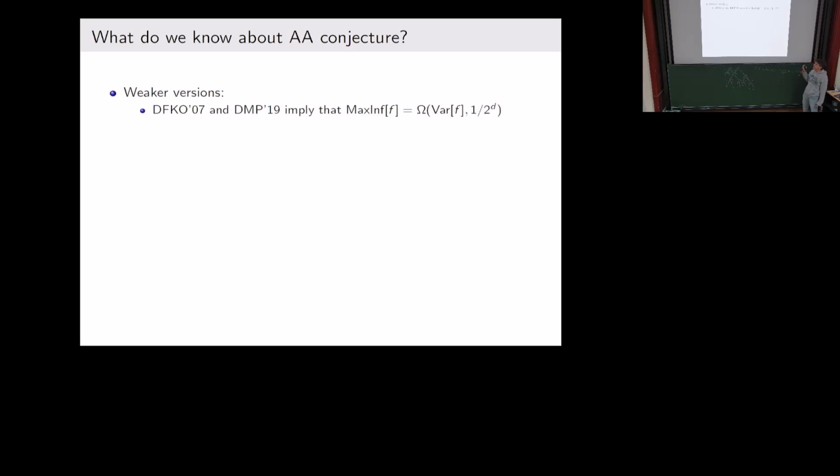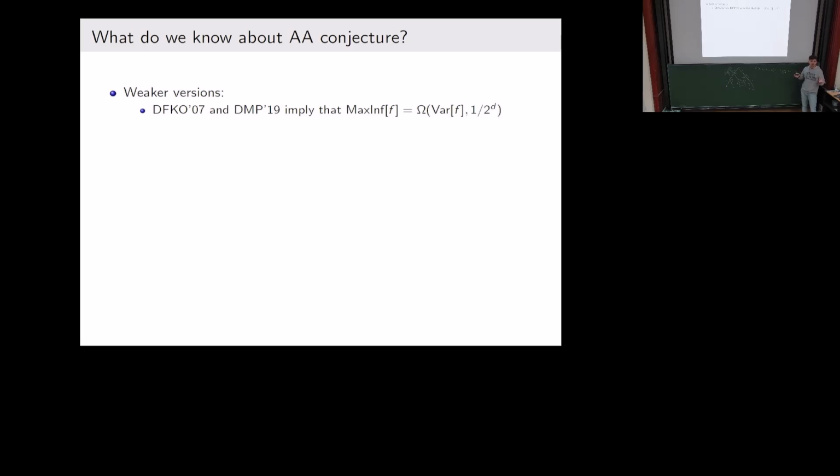And in this paper, what they showed is something that had one corollary, and the corollary was that the maximum influence of a polynomial of degree at most d is at least polynomial with respect to the variance and the inverse of the exponential of the degree. So somehow this is a weaker version of the Aaronson-Ambainis conjecture. If we manage to change here 2d by just d, then we would have it.